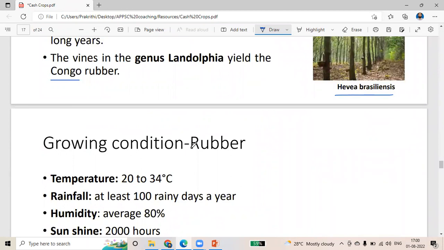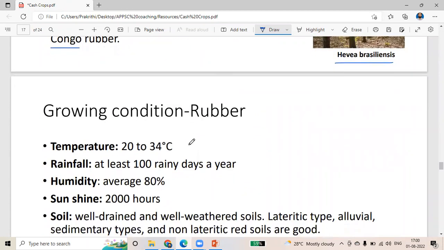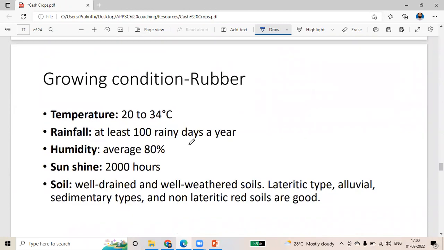For the growth of natural rubber, certain conditions are required. Important is that the temperature should be between 20 to 34 degrees. So it is a tropical region crop, and a minimum of 100 rainy days annually is needed. In areas where a tropical or subtropical climate exists, we can see maximum rubber production.